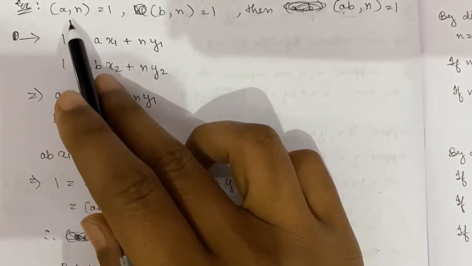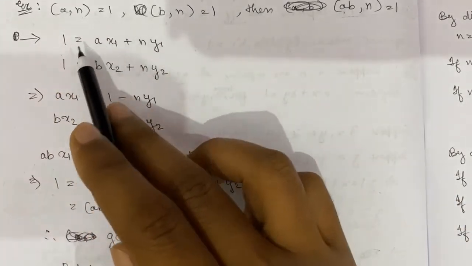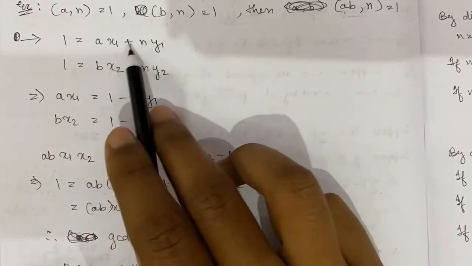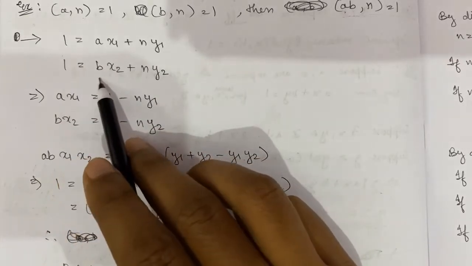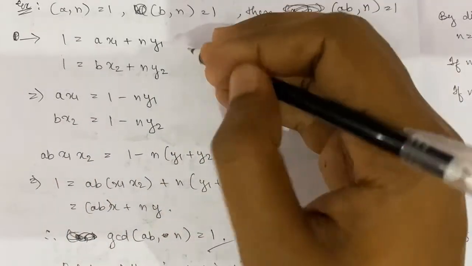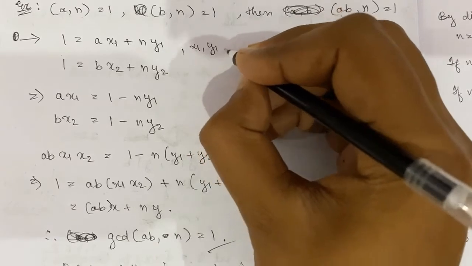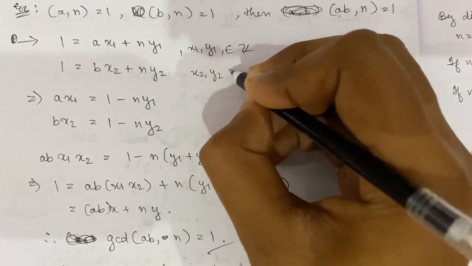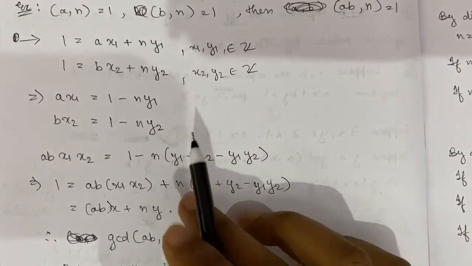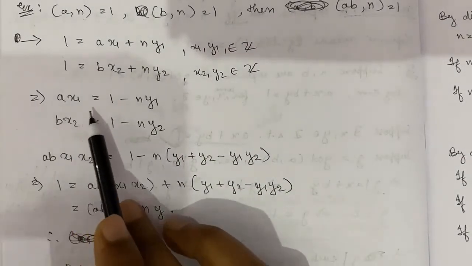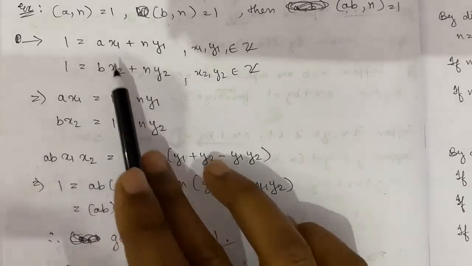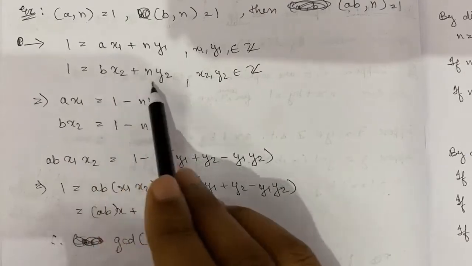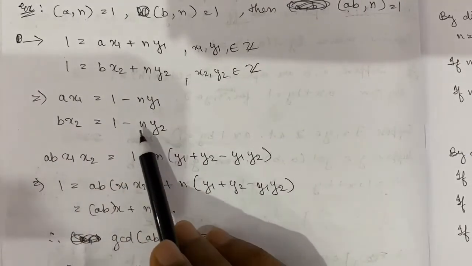Since the GCD of A and n is 1, by theorem 1, 1 equals A x1 plus n y1, and since the GCD of B and n is 1, 1 equals B x2 plus n y2, where x1, y1, x2, y2 belong to Z. Rearranging, A x1 equals 1 minus n y1, and B x2 equals 1 minus n y2.